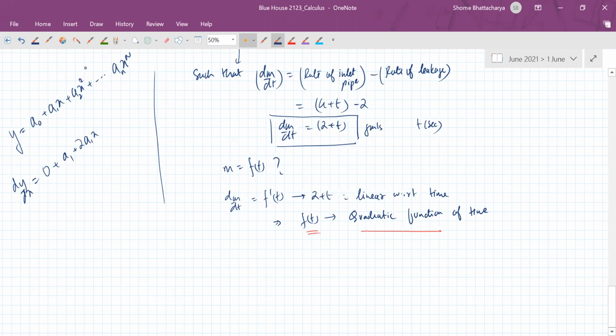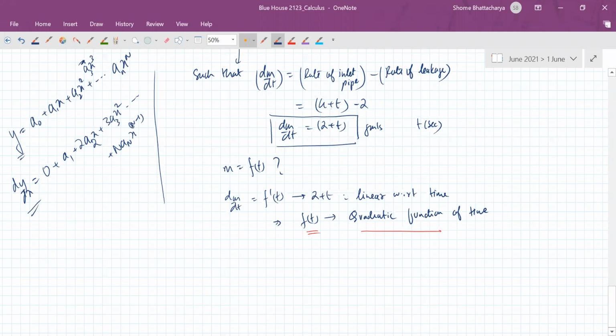Then, for example, if the next term was a3x cube, its derivative will become 3a3x square. And like that, the last term will become n an x to the power n minus 1. So if you compare dy by dx with y, what about the degree? If y had degree n, the degree of dy by dx becomes how much? n minus 1.